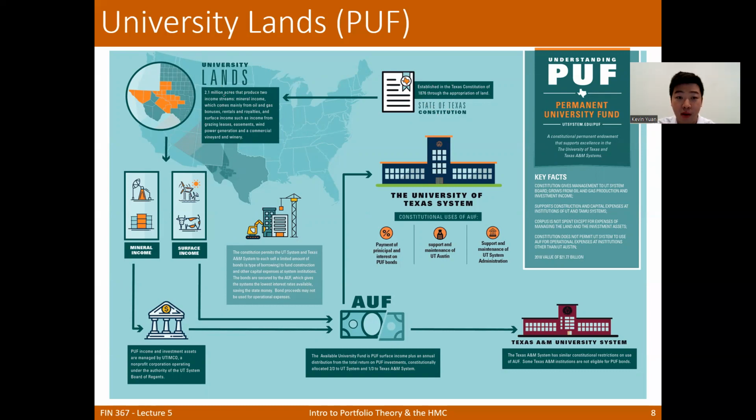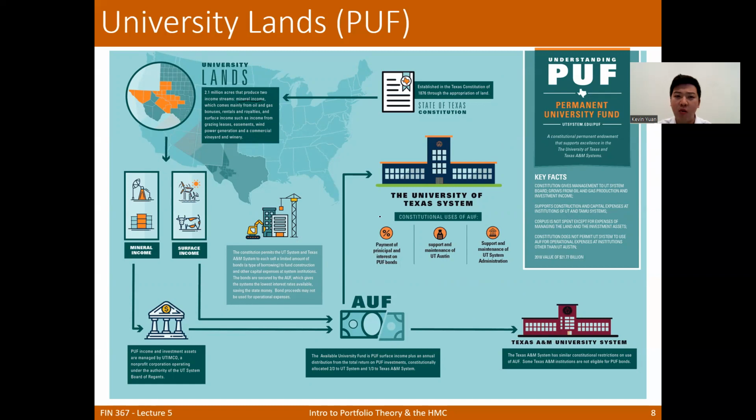And this land generates both mineral income, which comes mainly from oil and gas, bonuses and rentals, as well as surface income, such as income from grazing leases, assessments, wind power, etc. And they take this mineral income as well as surface income, and that's essentially invested through the Permanent University Fund, and it's distributed through Texas A&M University as well as UT Austin, right?